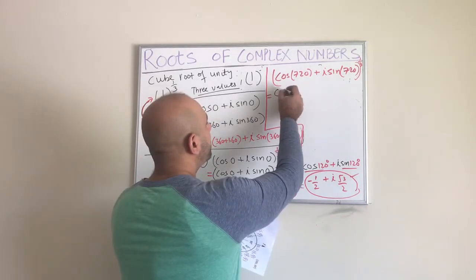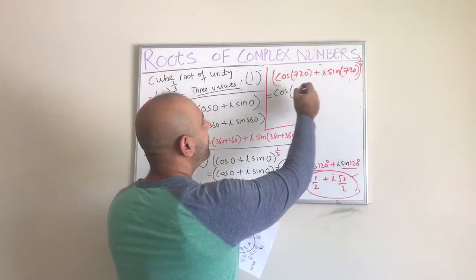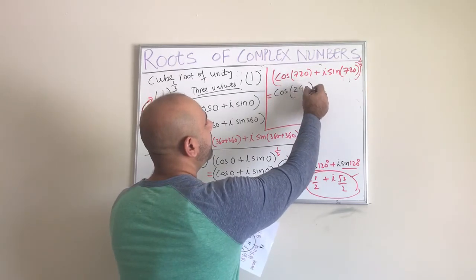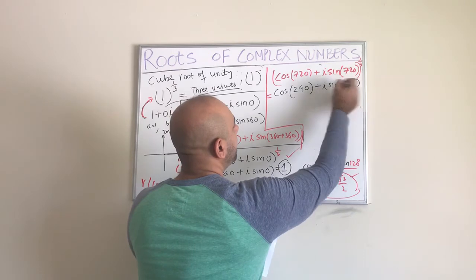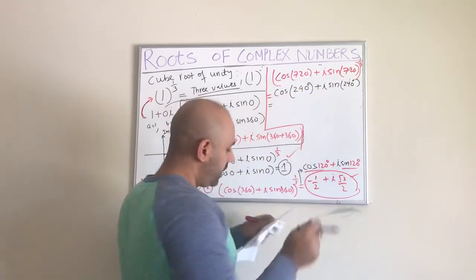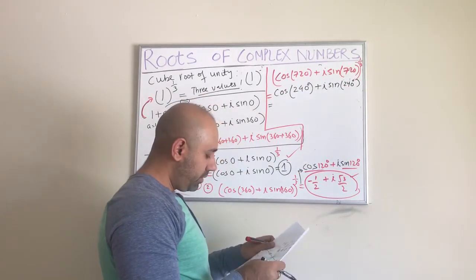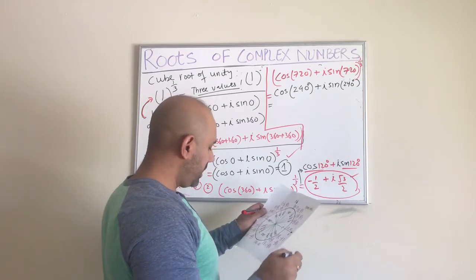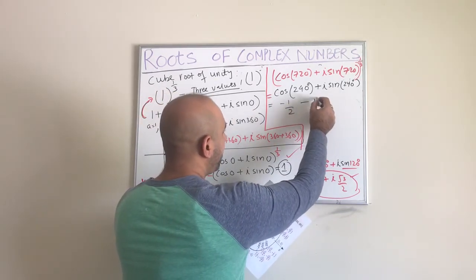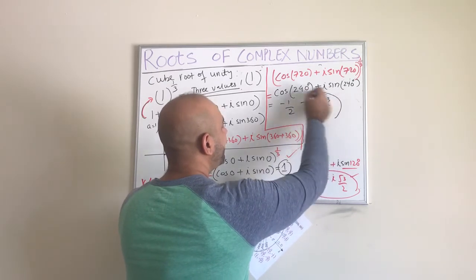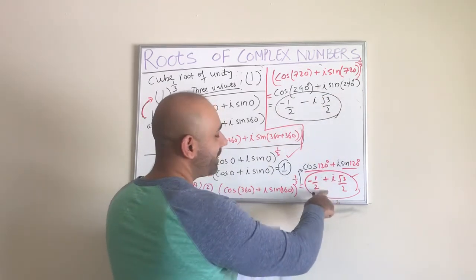So it's going to be cosine of 720 times 1/3, which is 240 degrees, plus i times sine of 240 degrees, right? Now I'll look into the unit circle and see what the values for cosine and sine are. Cosine I have -1/2, and sine I have minus radical 3/2. So guys, we already knew that it was going to be the complex conjugate of this one, and that is exactly what we get when we raise this third value to the power 1/3.